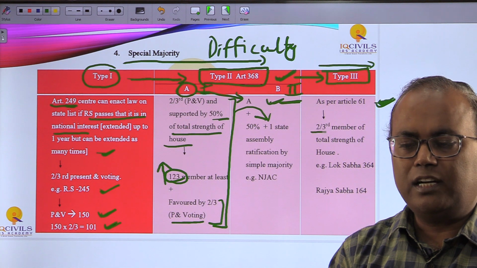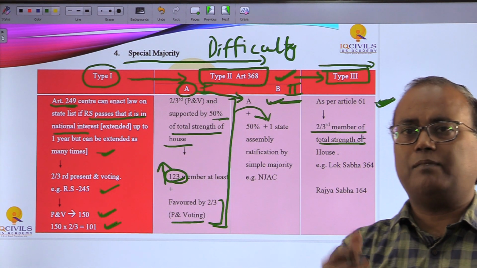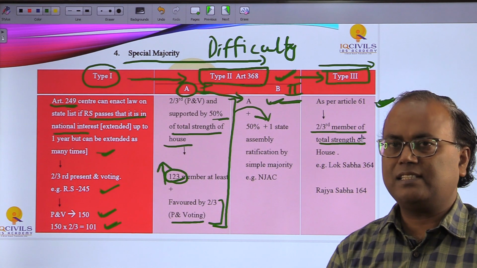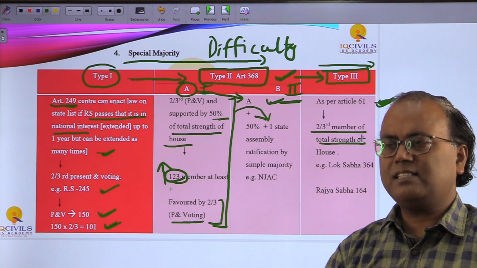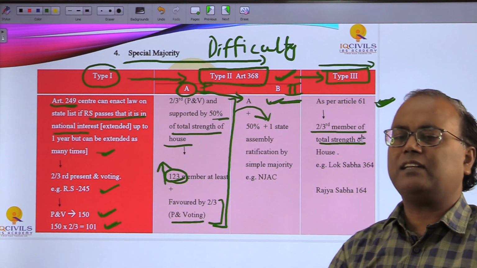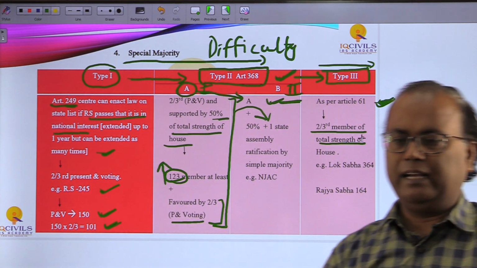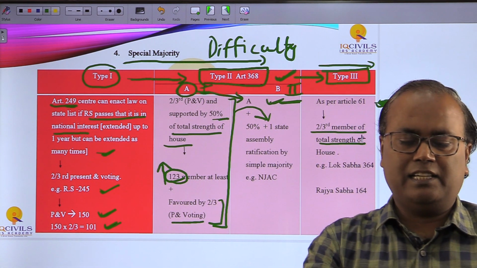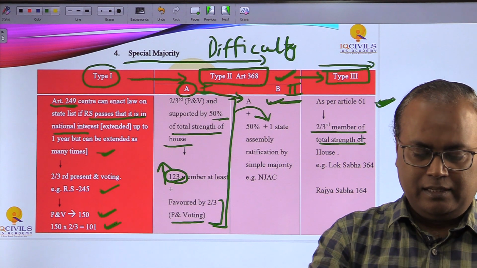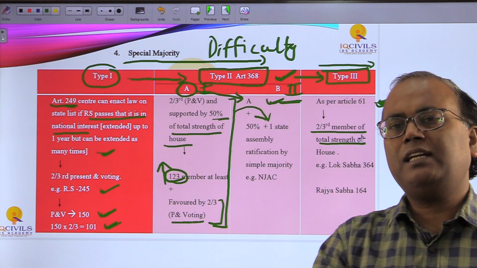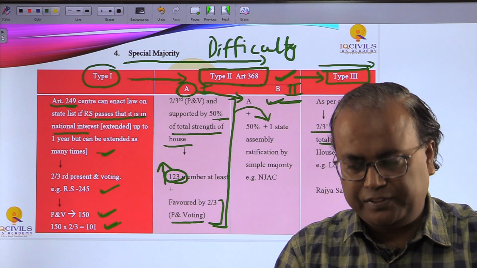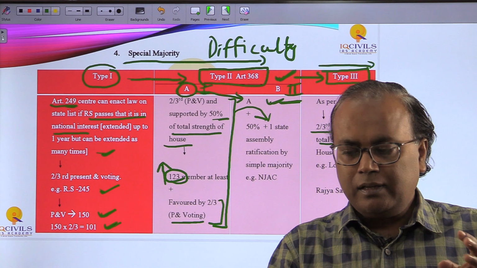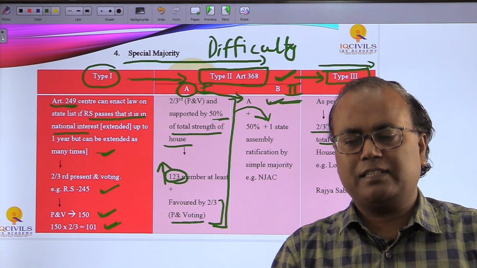we require 2/3 of the total strength, whether somebody is absent, whether there is any kind of vacancy, whether it is a casual vacancy or a regular vacancy. Suppose in the Lok Sabha after 5 years, a casual vacancy is related to death, resignation, some kind of disease, or the ineligibility of that particular person.